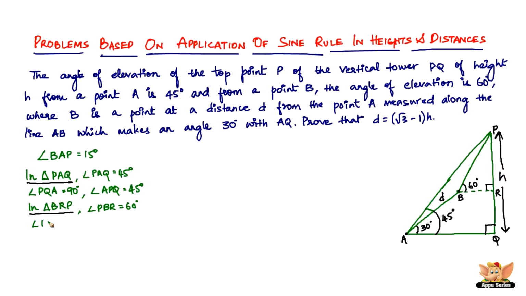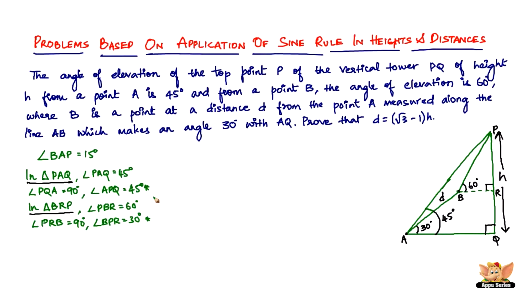So angle PRB is going to be equal to 90 degrees, and therefore angle BPR will be 30 degrees because you've got 60 and 90, which makes 150. 150 add what to make it 180? Add 30. So therefore angle BPR equals 30 degrees. So we've got these data. Now we've got this one and we found out this one. All the other angles were already there, we didn't have to find them out as such.